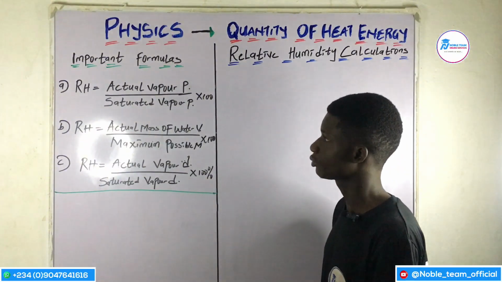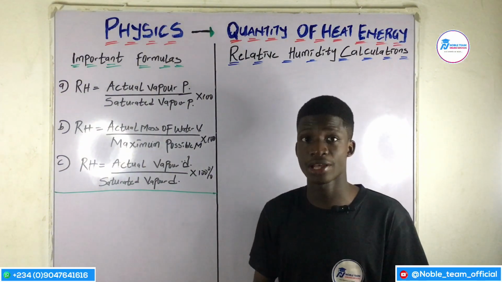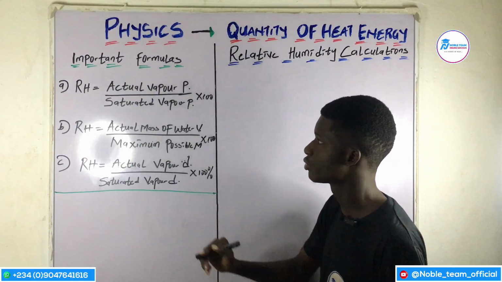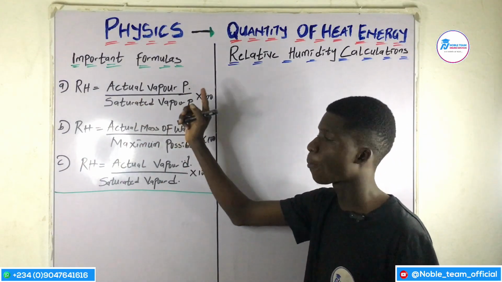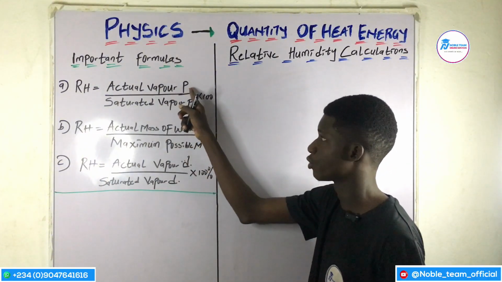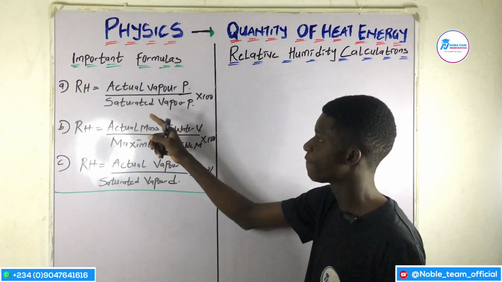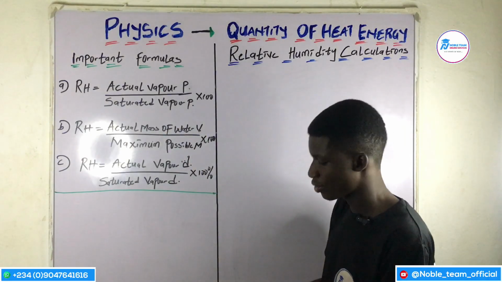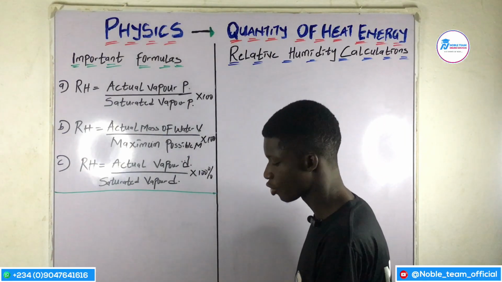Now we have important formulas we need to take note of in relative humidity. The first one: RH is the actual vapor pressure divided by the saturated vapor pressure, times 100%.